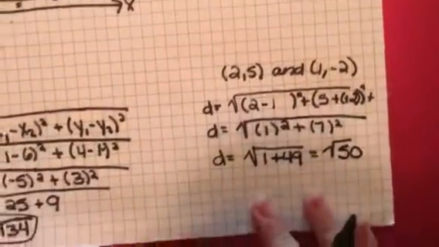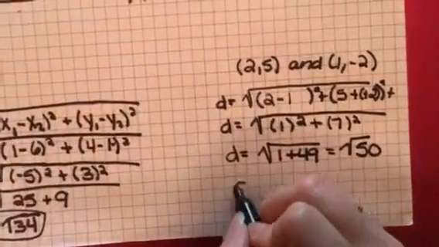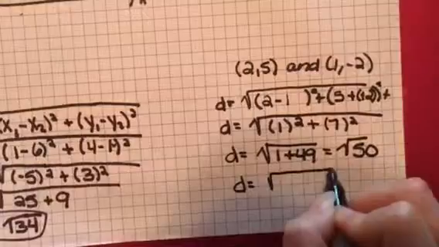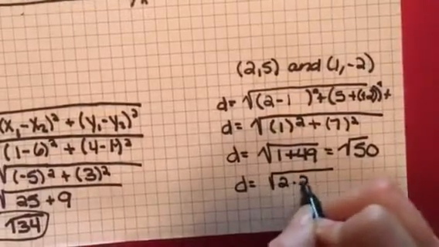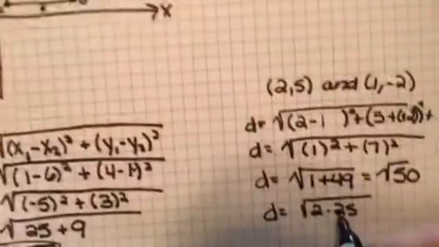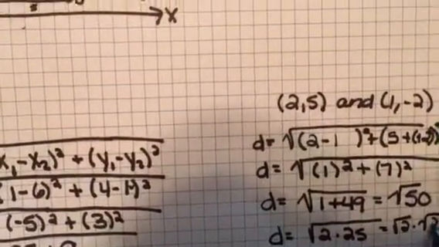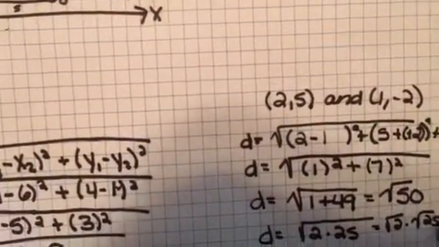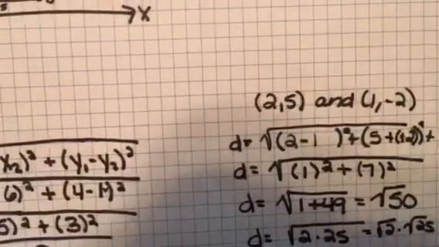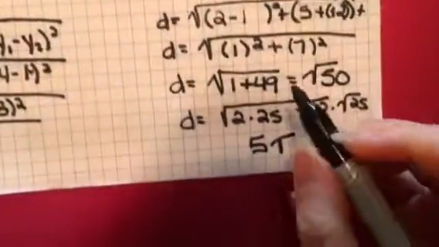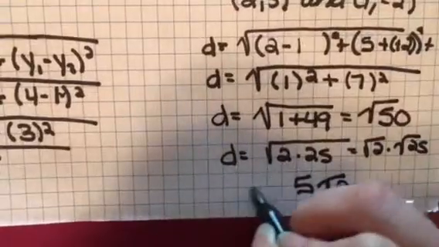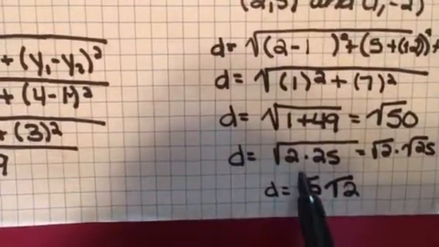Now I know that 50 is the same thing as 2 times 25, and that 25 is a perfect square. So I can do the square root of 2 times the square root of 25. The square root of 25 is 5, so 5 times the square root of 2. So this would be my answer.